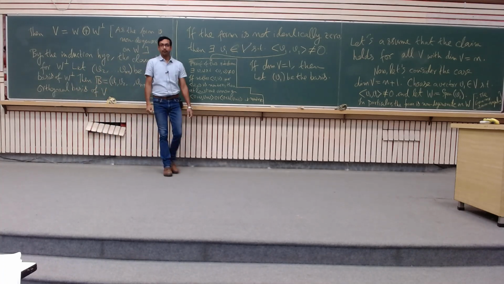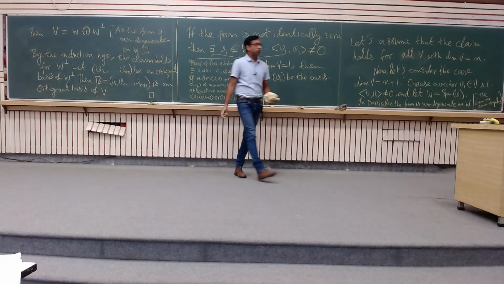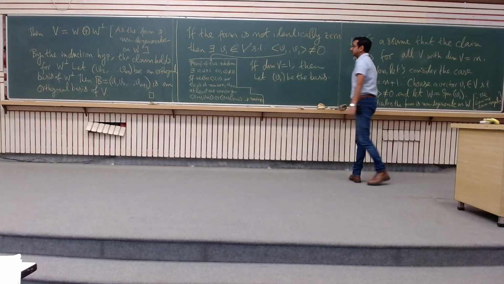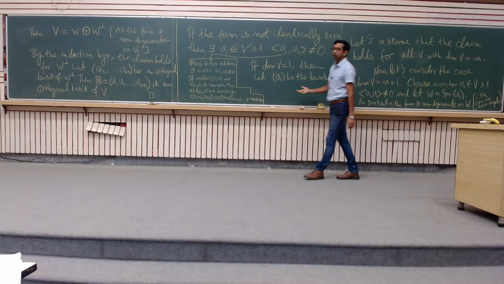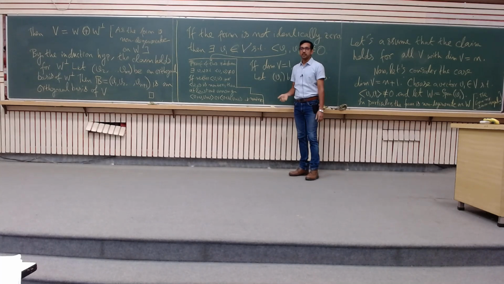So there's the proof. Does it construct an orthogonal basis given any symmetric form on a real vector space or a Hermitian form on a complex vector space?